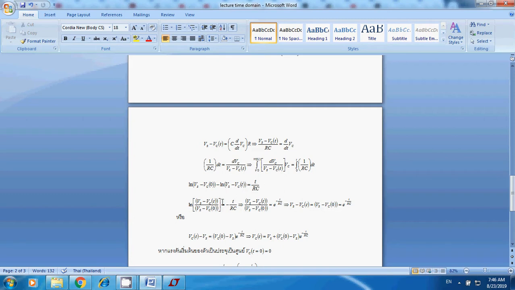Now you can find our Vc, right? So this one you have the exponential of this ln minus this ln, so simply ln of both terms divided.